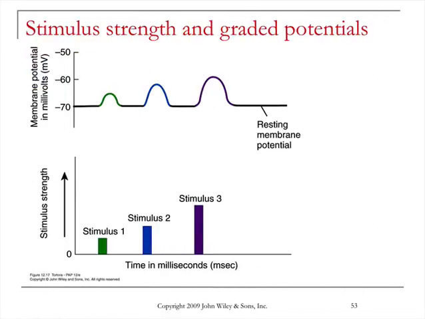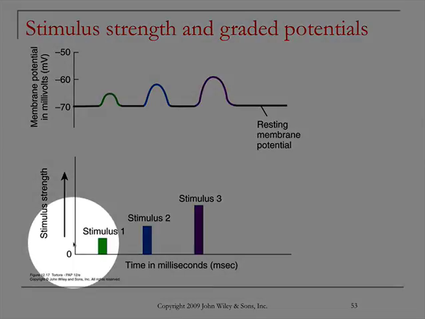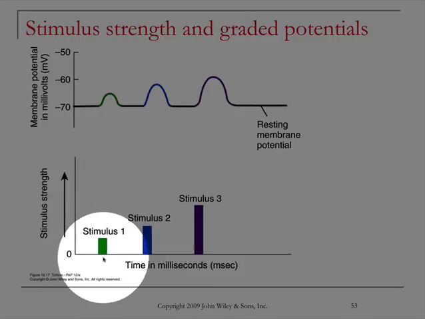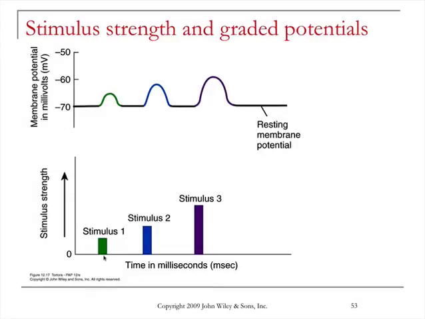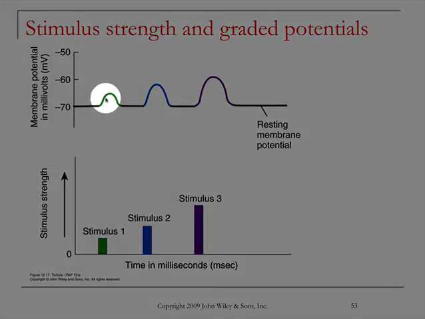Let's now look at a picture that illustrates this relationship between stimulus strength and graded potentials. If we look down here at the bottom, we can see that the y-axis is indicating stimulus strength. So let's suppose that we're going to stimulate a neuron at the dendrites with a certain amount of neurotransmitter. When we do that, as we can see, the membrane potential will go up a little bit.